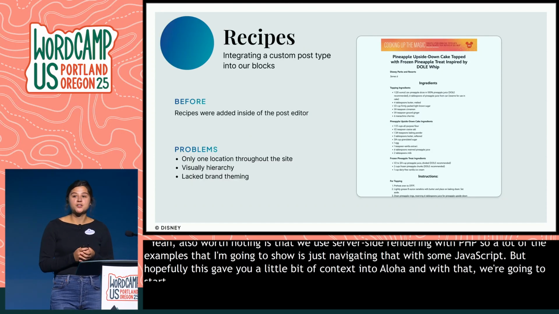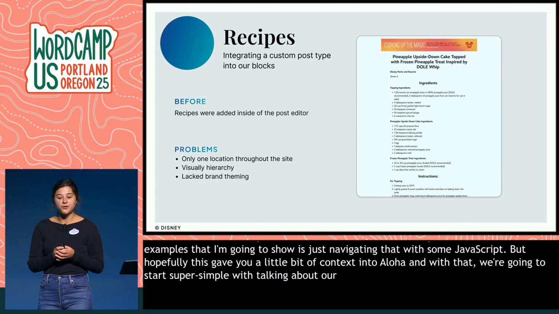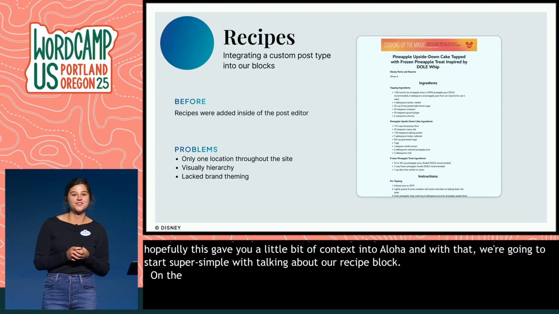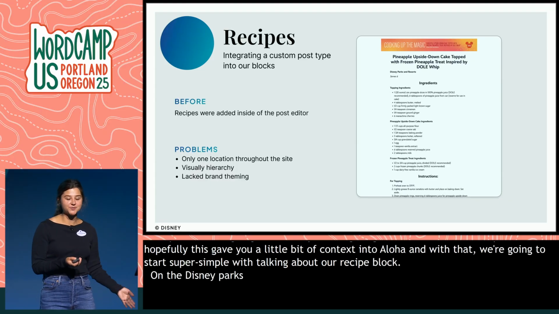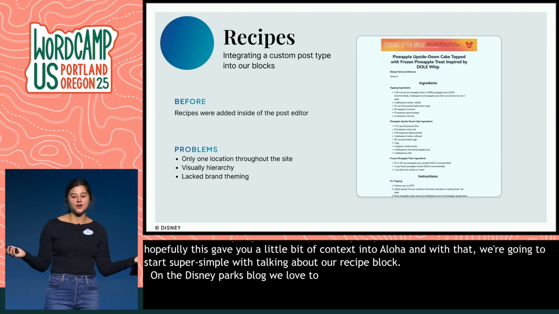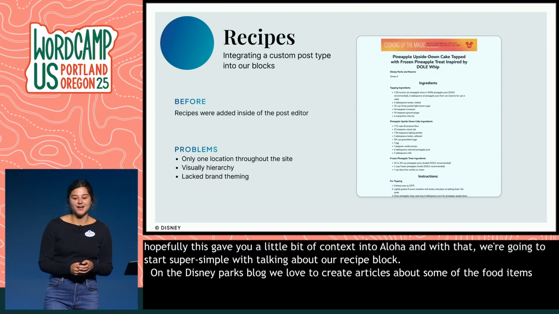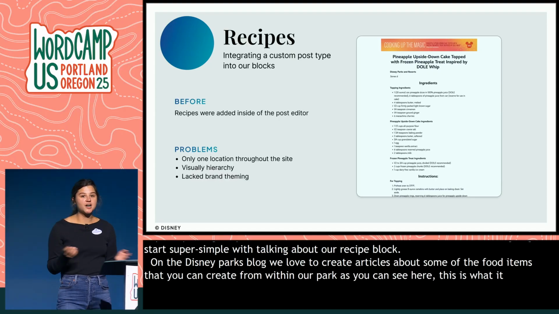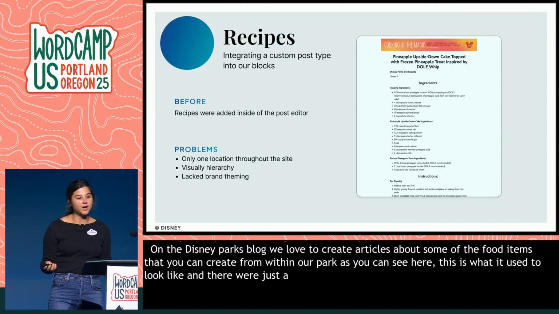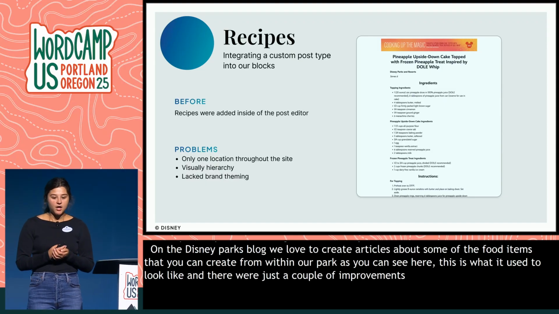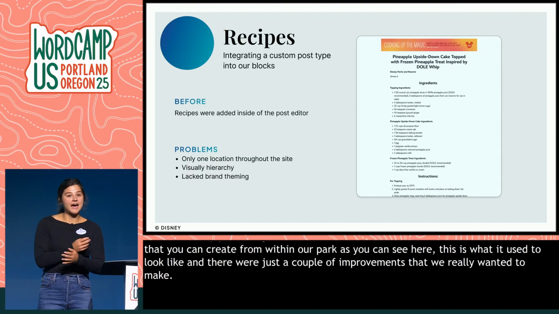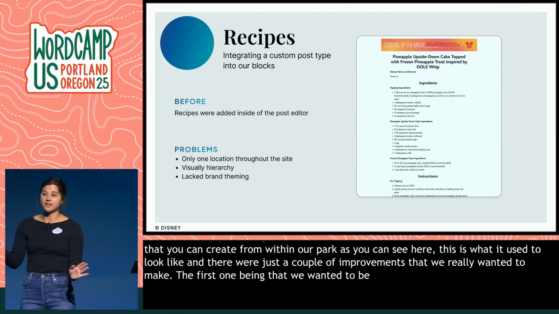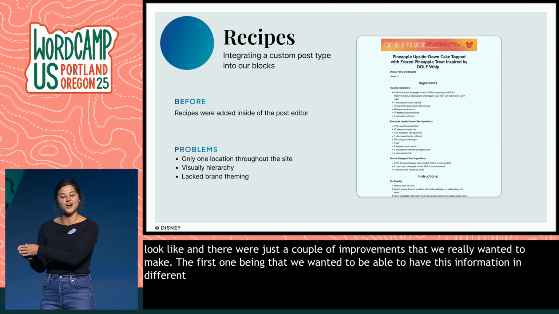On the Disney Parks blog, we love to publish articles about how to create some of the food items that you can purchase within the park, and that's part of our Disney Eats brand. You can see here what it used to look like before we implemented our block, and there were a couple of improvements that we really wanted to make. The first one being that we wanted to be able to have this information in different locations across our websites.